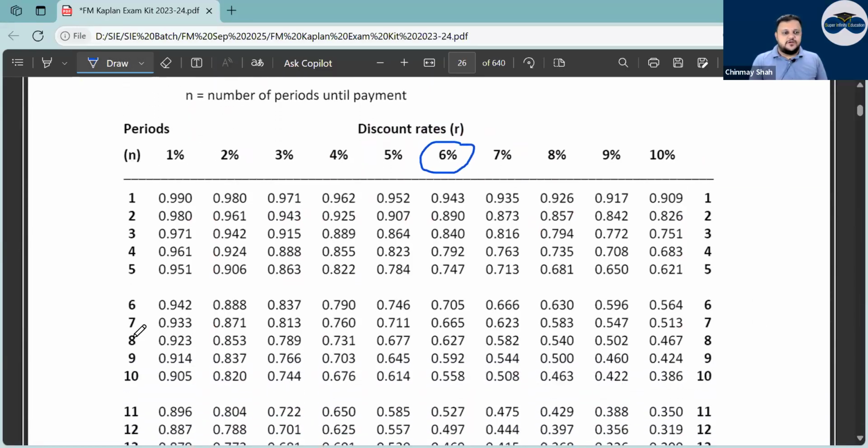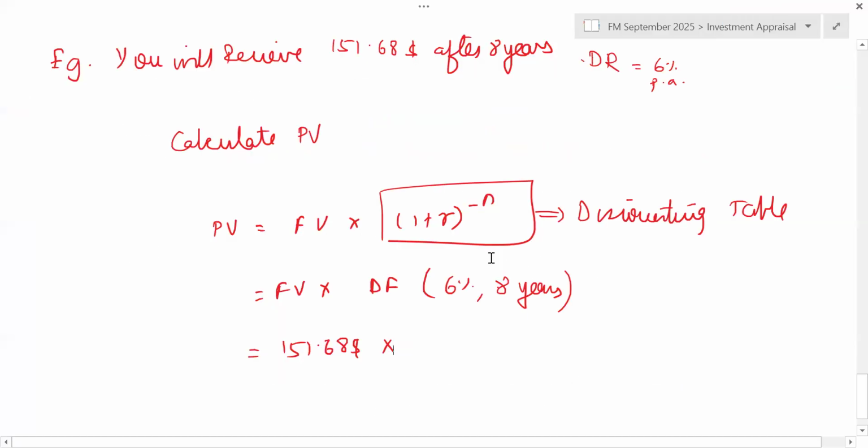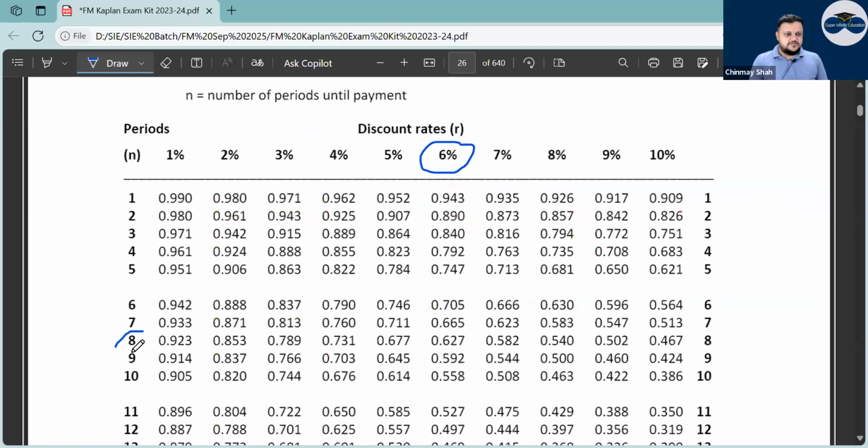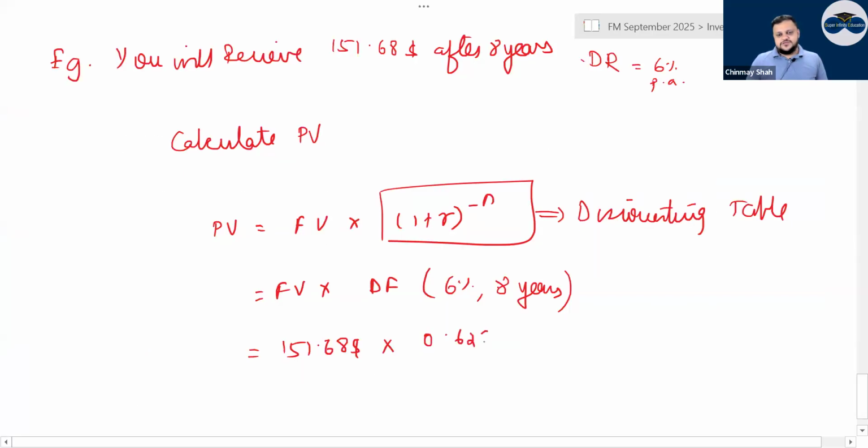How many years are we looking for? 8 years. So go to the table. 6%, 8 years. What is the factor? 0.627. So multiply by 0.627.